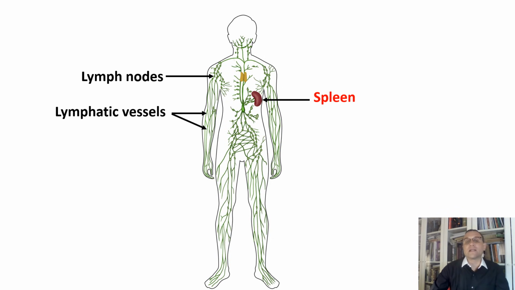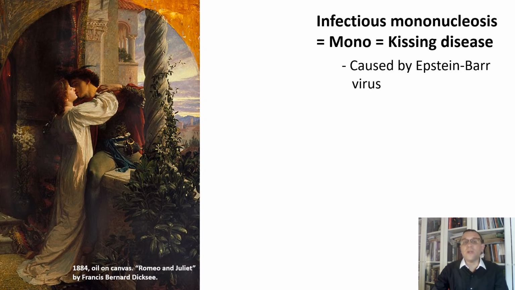The swollen spleen can sometimes be felt as a lump in the upper left abdomen, and this might be a sign of infectious mononucleosis, also known as mono, or you might know it as the kissing disease.